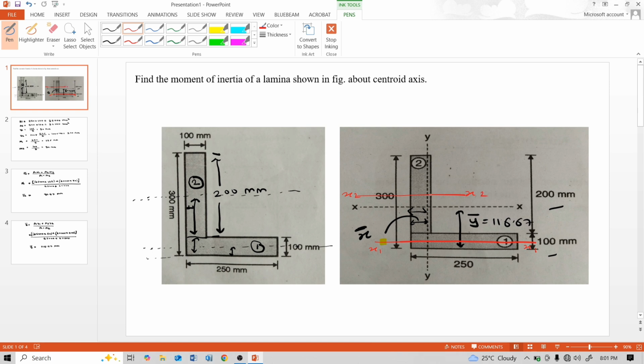For the parallel axis theorem, use this distance for the second rectangle and for the first rectangle use this distance. So calculate the moment of inertia about this x-axis.